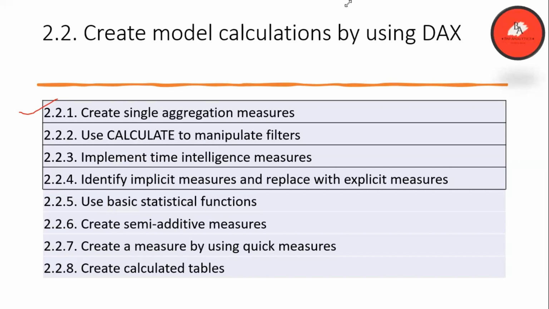Don't worry. So the first thing is single aggregation measures, such as sum, count and average. Those are single aggregation measures. Then CALCULATE is the function used to manipulate filters.